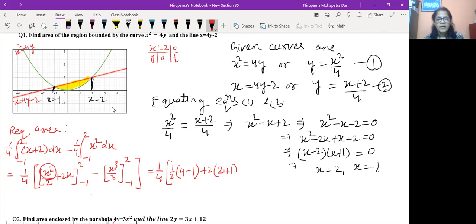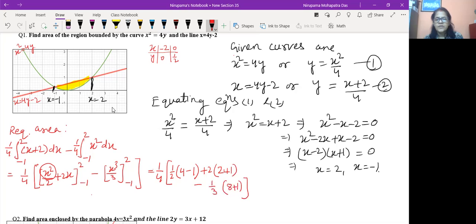Now minus 1 by 3 of value at upper limit x cube at 2, that is 8, minus value at lower limit minus of minus 1. You are getting here plus 1, right?